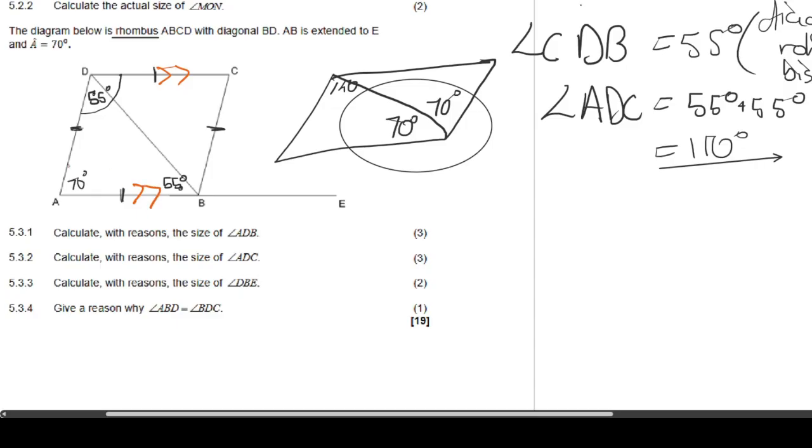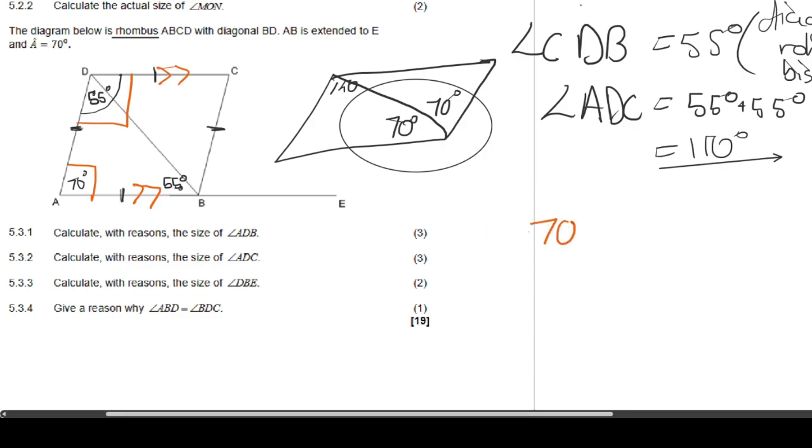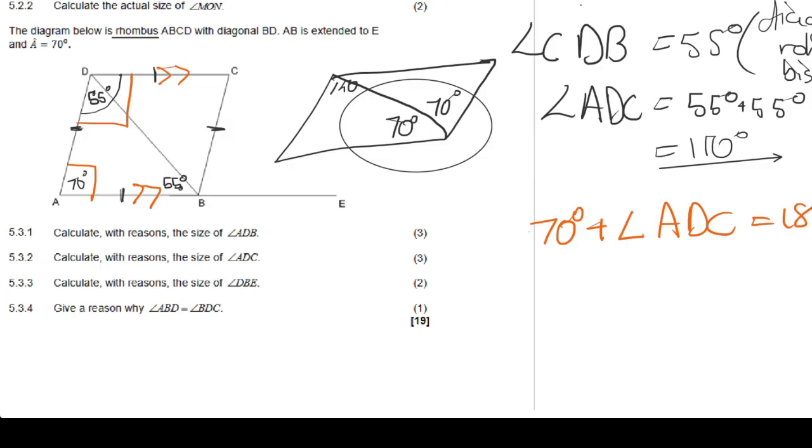Alternatively, you could go the method of, since these are parallel, right? This angle and this angle will be supplementary. So it would be 70 degrees plus angle ADC, which is equal to 180 degrees, right?